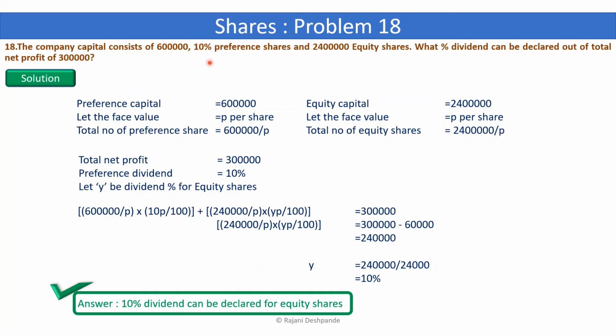Now 10% dividend is paid for the preference shares, and we have to find out the percent dividend paid for the equity shares.